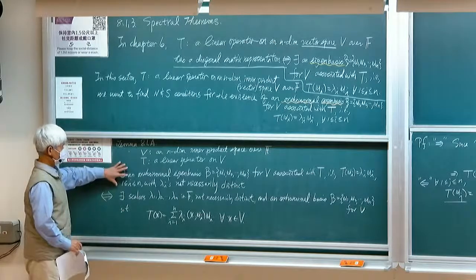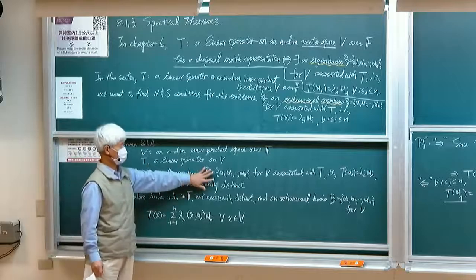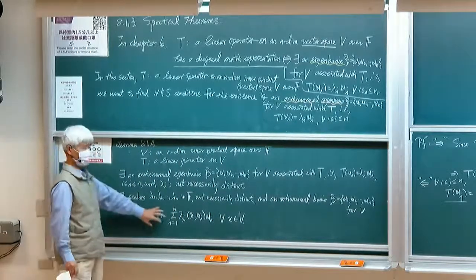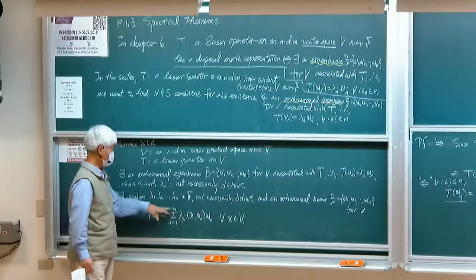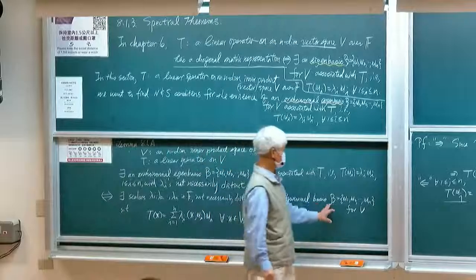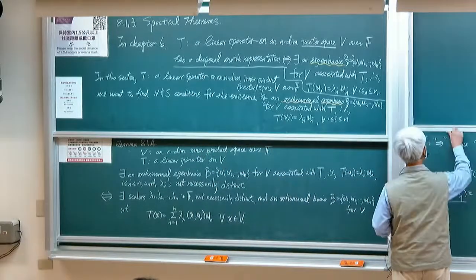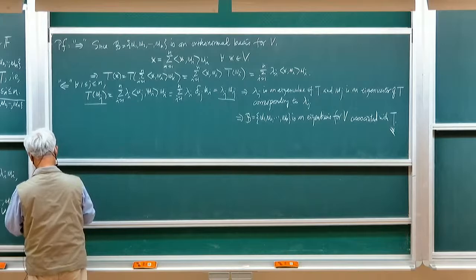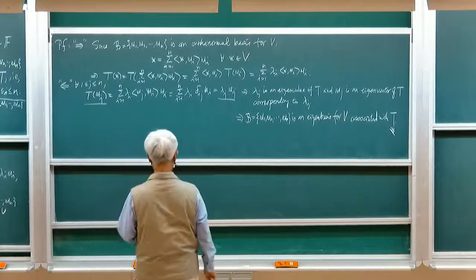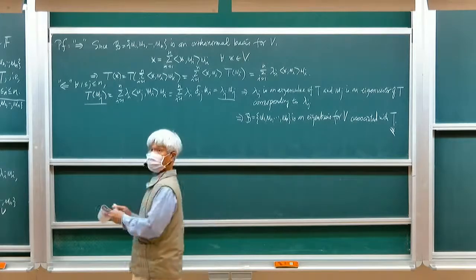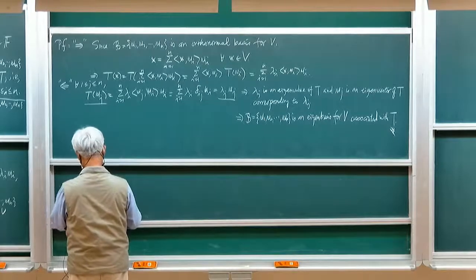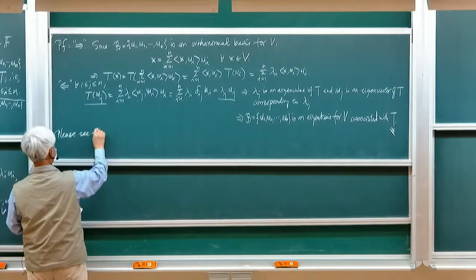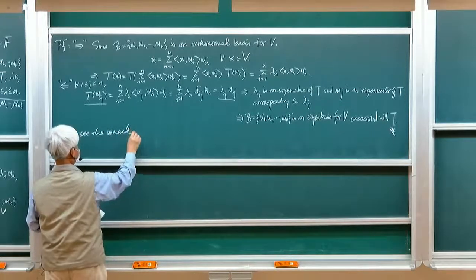So the existence of an orthonormal eigenbasis associated with T is equivalent to having this representation, such that the lambda_i are scalars and the u_i form an orthonormal basis here. So maybe please see the remark after.